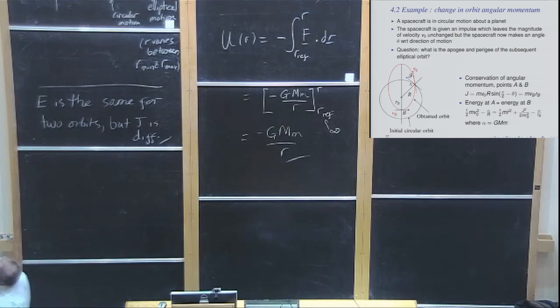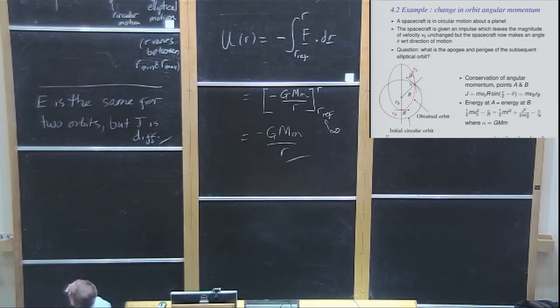So here is the energy written for the circular orbit, half mv0 squared minus alpha over r, and this is a generic expression for the energy anywhere in the subsequent elliptical orbit. Okay, it says energy at B, but this is a generic expression for the energy.